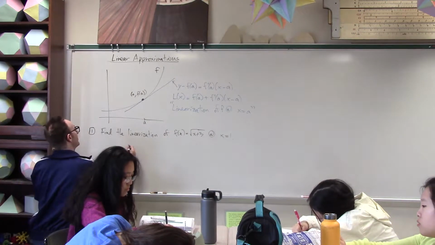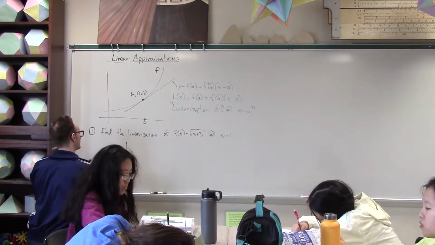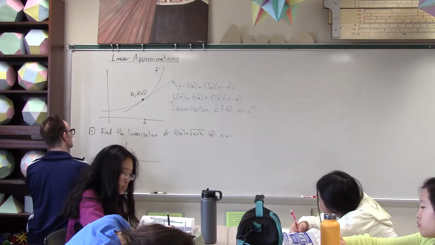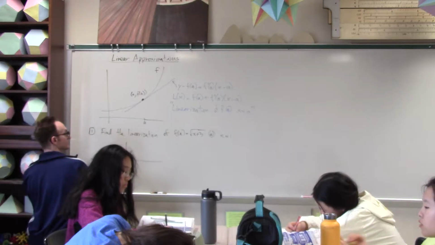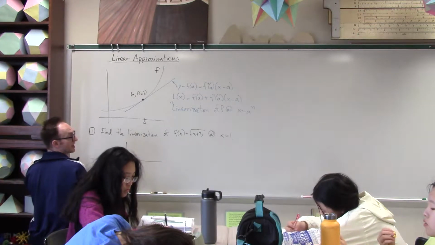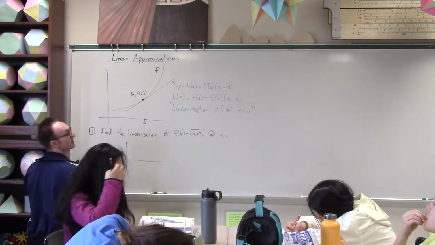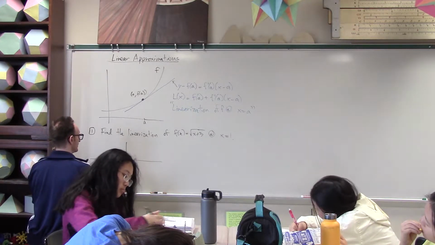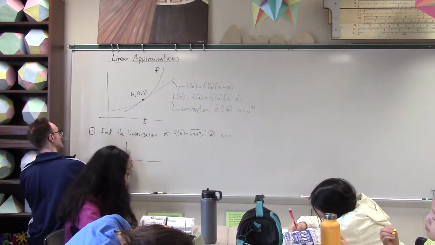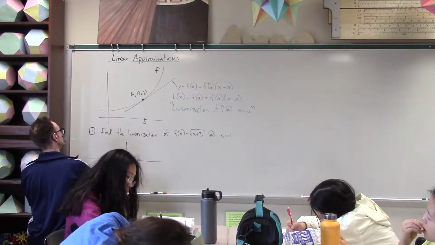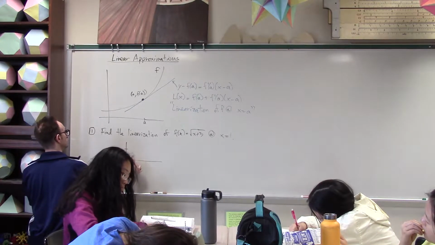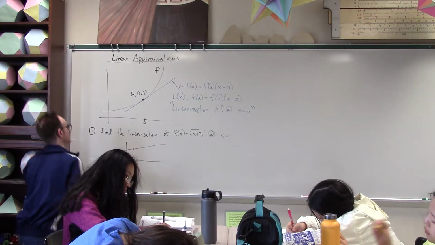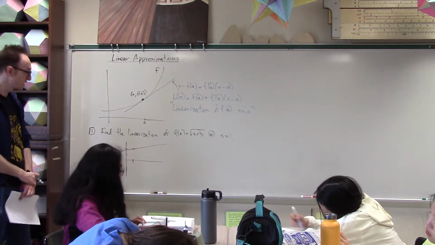You can draw the curve, root x plus 3. It's just root x, moved 3 to the left. And where is this curve when x is 1? Well, it's at 2. I got something like that. Agree? Okay.